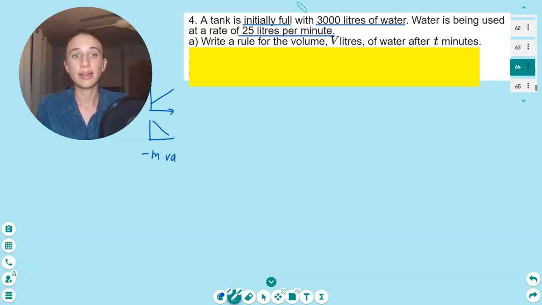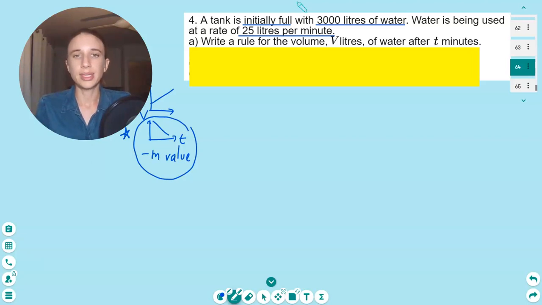You're going to have a negative M value here. That's what you should expect. So you just got to be careful. They try to trick you sometimes. So make a little note to yourself what this problem would look like. It's going to be decreasing with time.